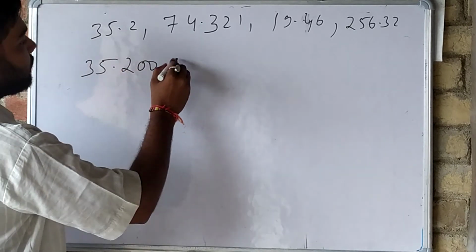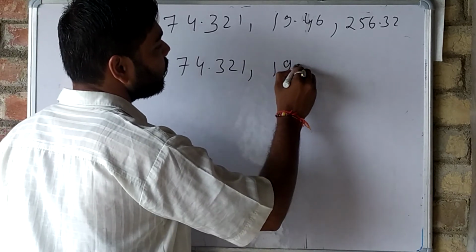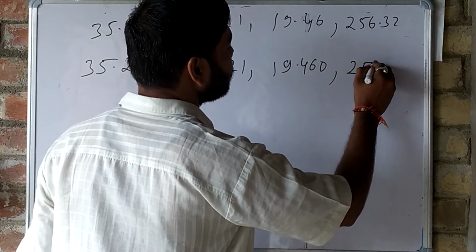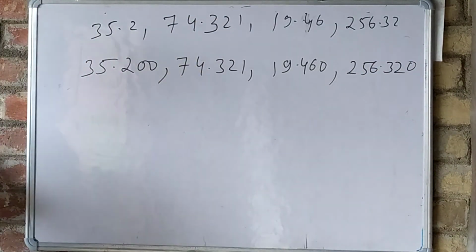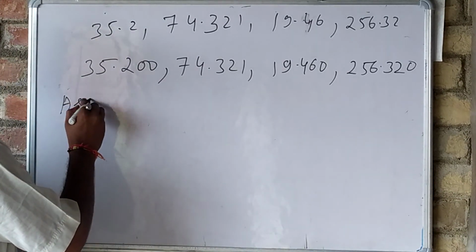35.2 we make 35.200, 74.321, 19.46 we make 19.460, and 256.320. Now we have converted them into like fractions. Now we have to arrange in ascending order.